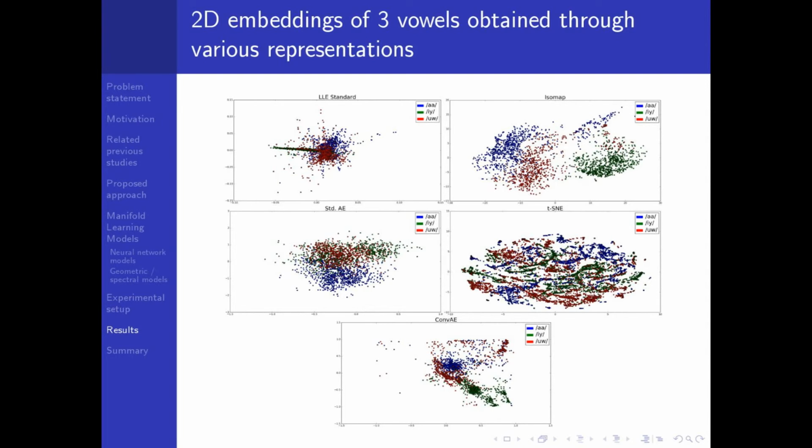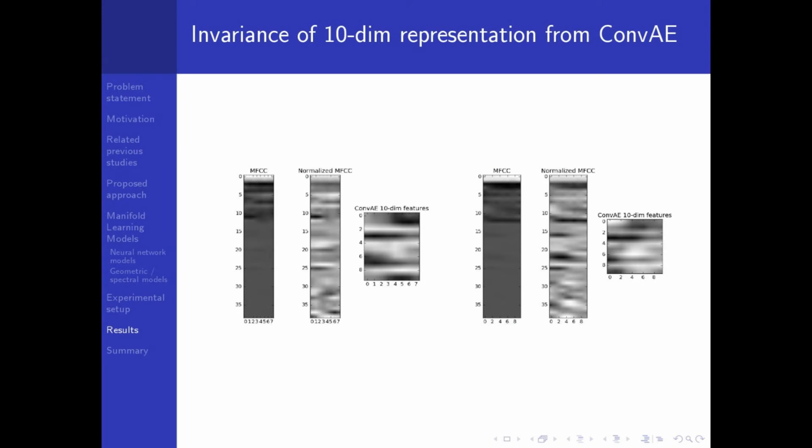Another qualitative measure that we obtained was to see the 10-dimension representation of convolutional autoencoders. We can see that the 2 vowel MFCCs are very different visually, but the representations obtained using convolutional autoencoders in 10 dimensions are almost identical.